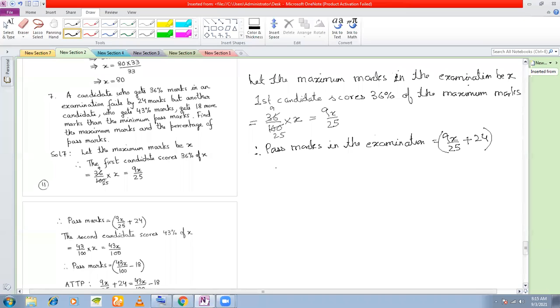Look at the second part. Another candidate who gets 43% marks gets 18 more marks than the minimum pass marks. The second candidate scores 43% of the maximum marks.